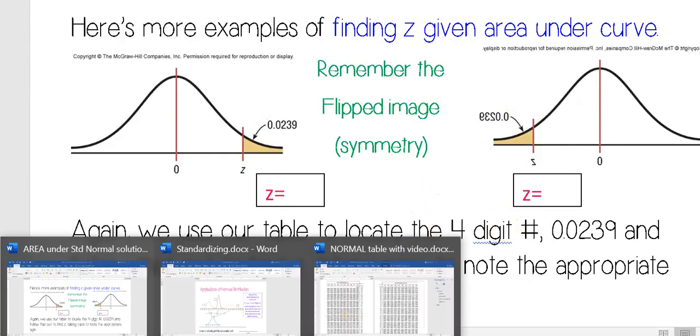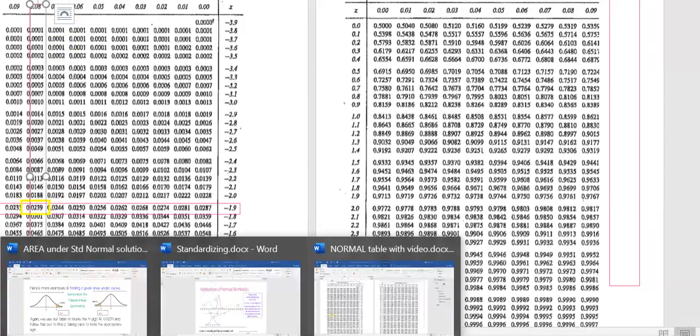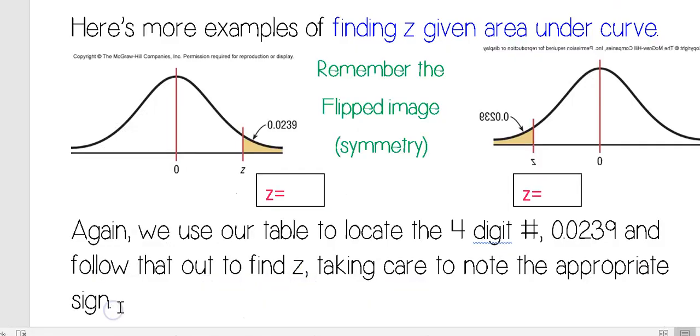So, going to the table, 0.0239, up there she is. And I'm going to need to follow that 4-digit number left to negative 1.9 row, and up to the 0.08 column. So those intersect at negative 1.98. So over here, we have negative 1.98.